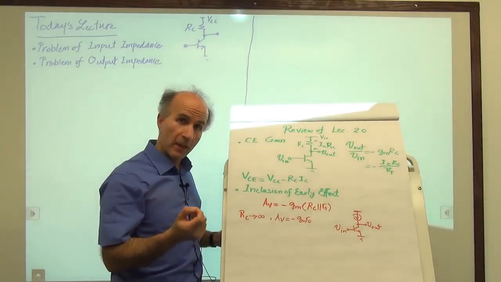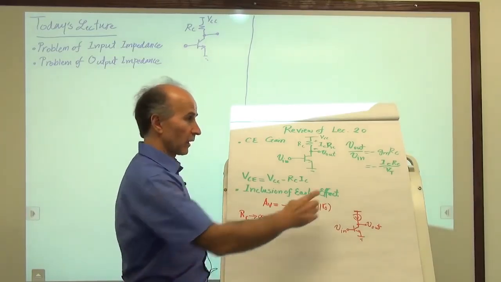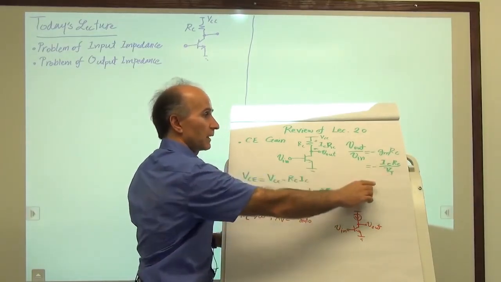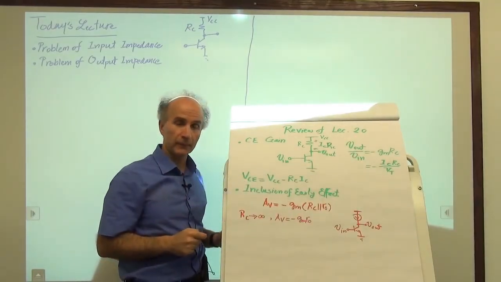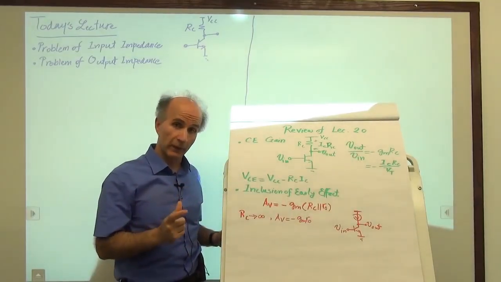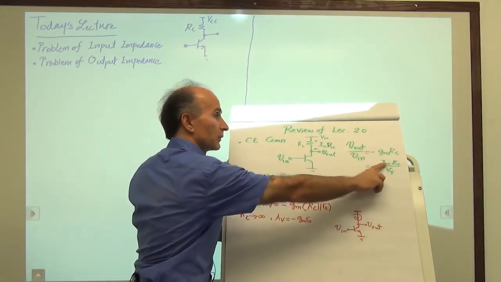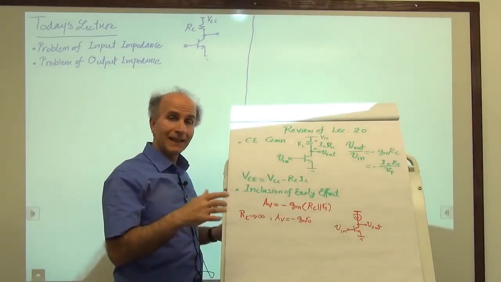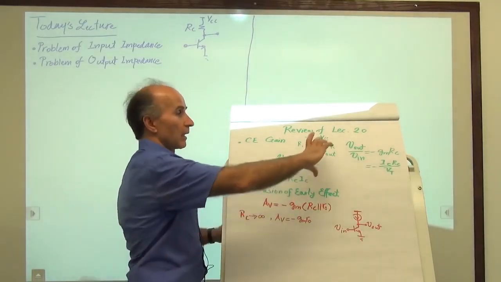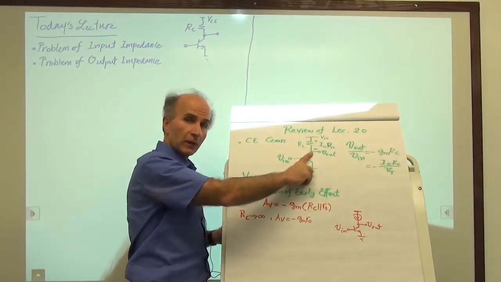And because GM is given by the bias collector current IC divided by VT, we can write the voltage gain as shown here. And one limitation that we observed was that because the gain is proportional to IC times RC, it is ultimately limited by the supply voltage and what we call the voltage headroom here.